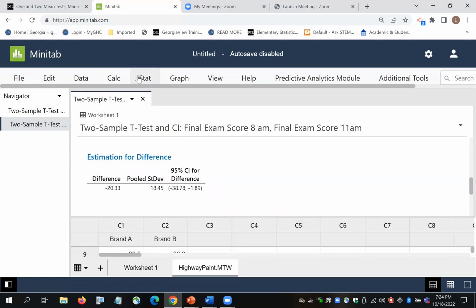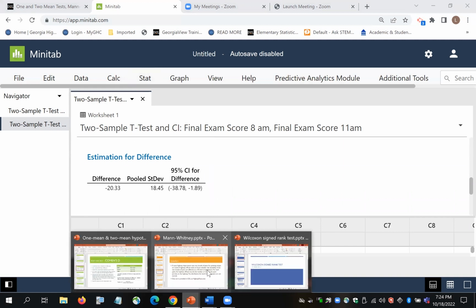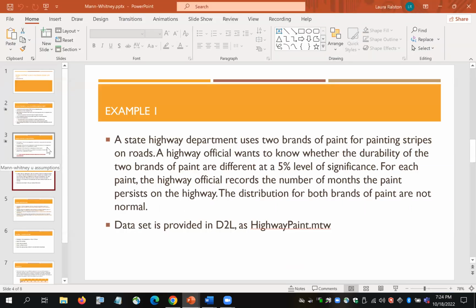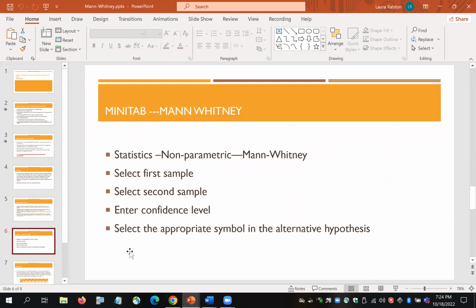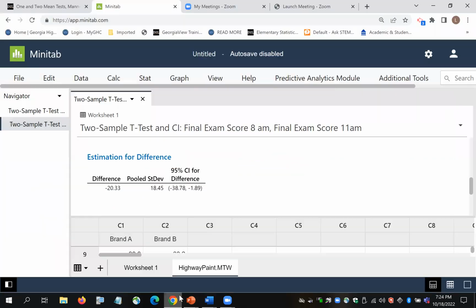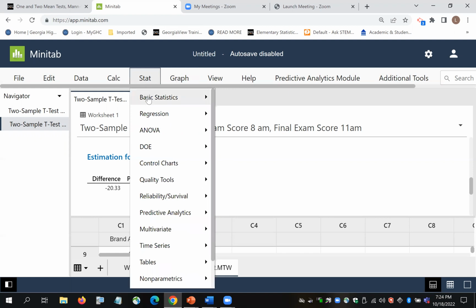All right, so here we go. We're going to do Mann-Whitney. And I do have on the PowerPoint somewhere the steps. Okay, so I have Stat. Then I've got to scroll to the bottom. There's an option that says non-parametrics.